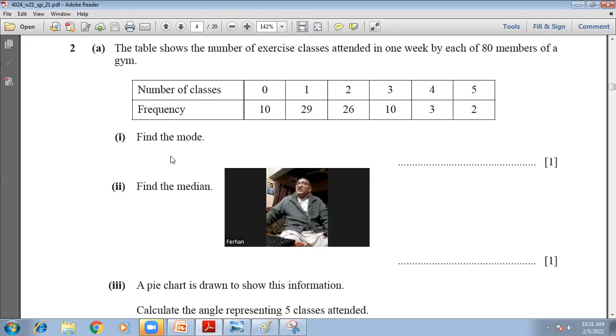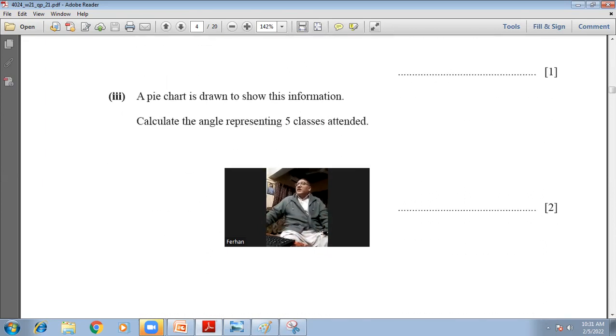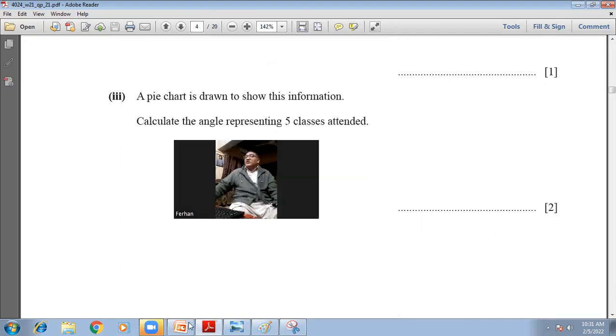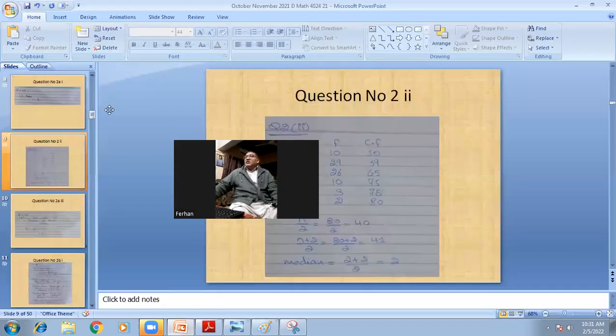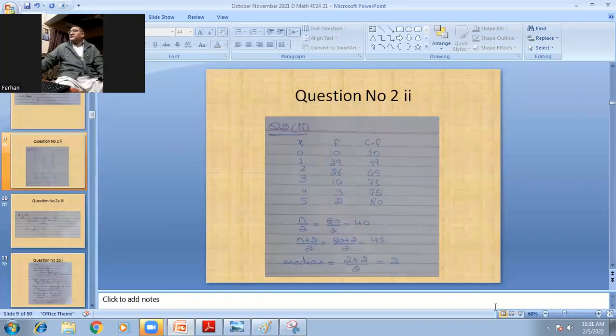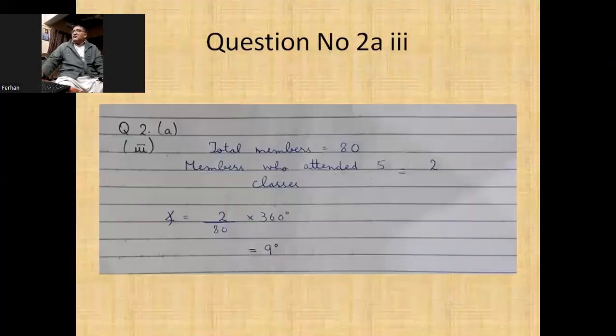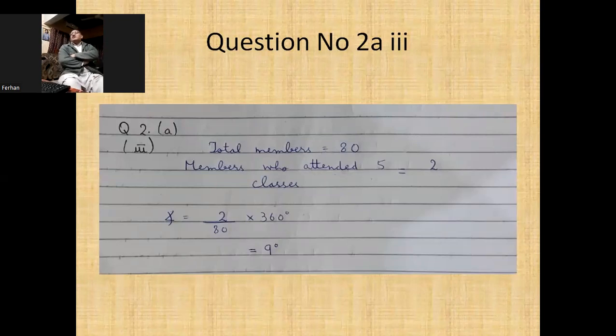Let me show you question number 2a, third part. We have done this on paper, so let's see. The total members are 80. For the members who attended 5 classes, the frequency for that class is 2.